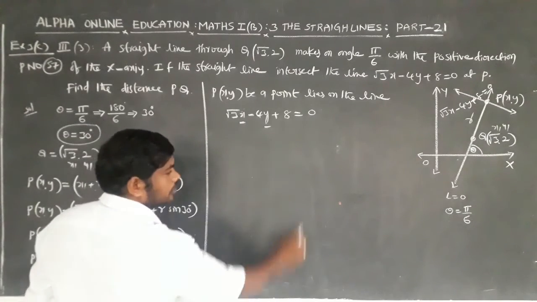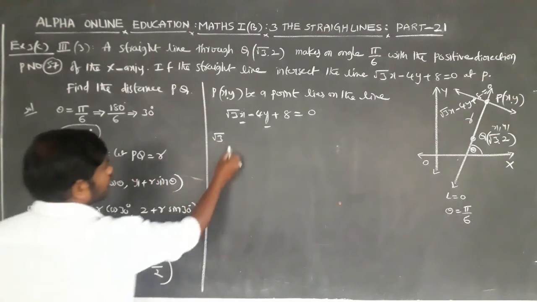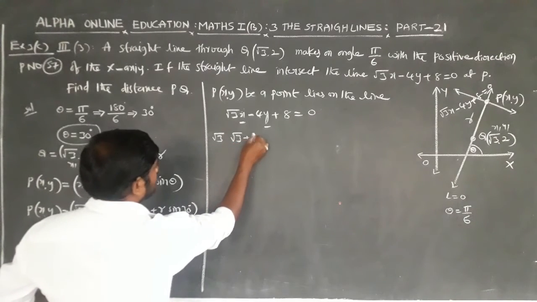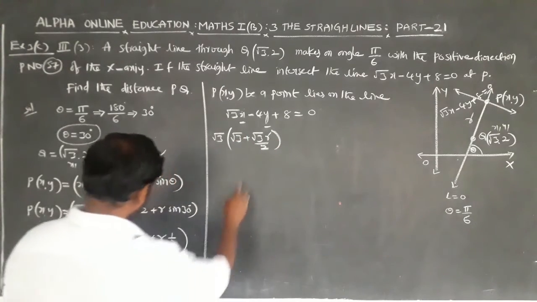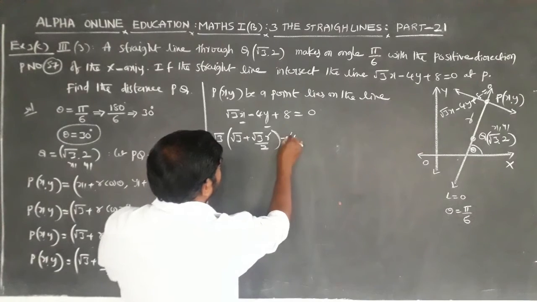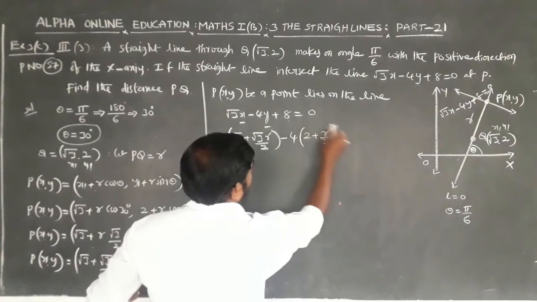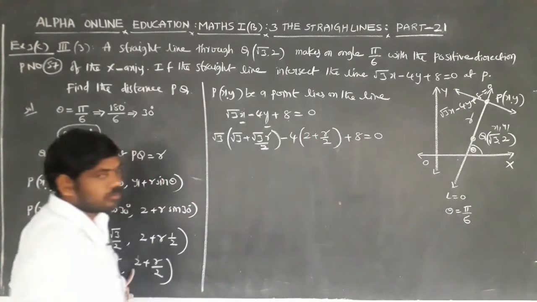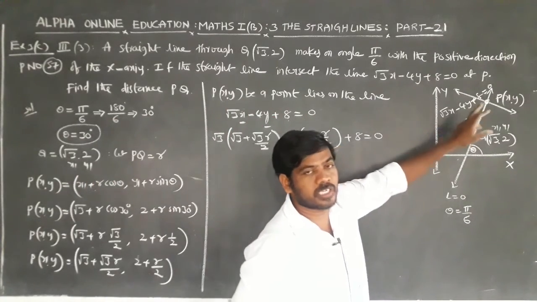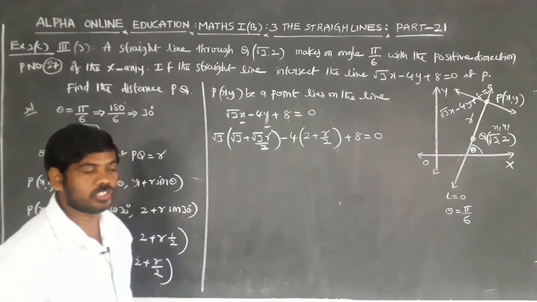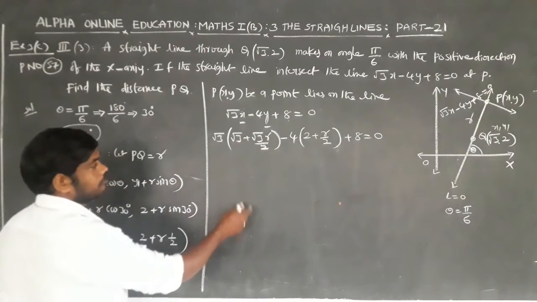Substitute the x and y values: root 3 into x, where x is root 3 plus root 3 R by 2, minus 4 into y, where y is 2 plus R by 2, plus 8 is equal to 0. Substitute the x, y values in the line and simplify.